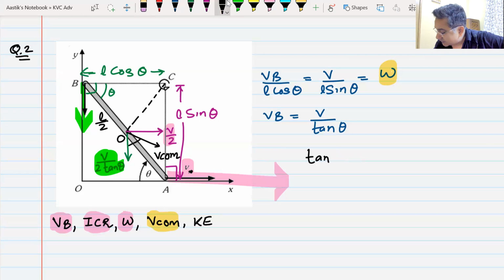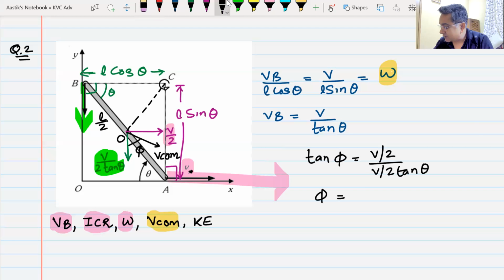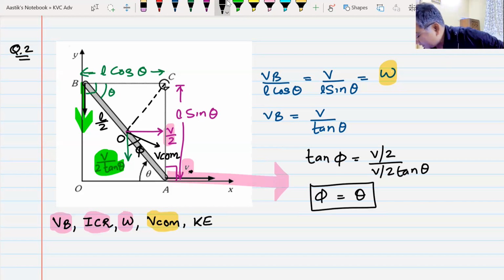If I call this angle phi, remember, tan of phi will be v by 2 divided by v by 2 tan theta. And you will see that this phi becomes equal to theta. And that is an important result that I wanted to tell you.